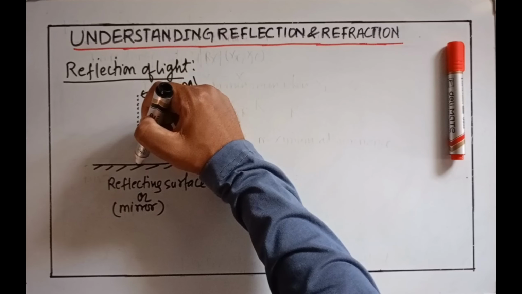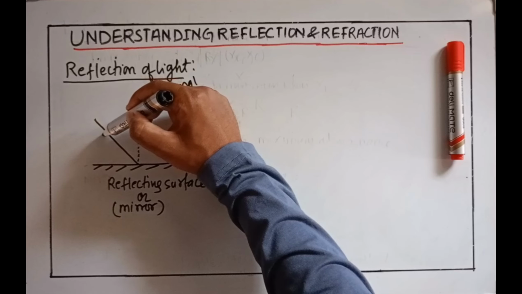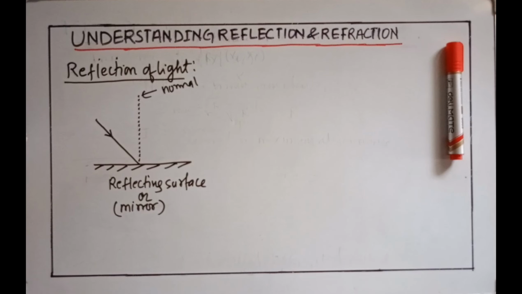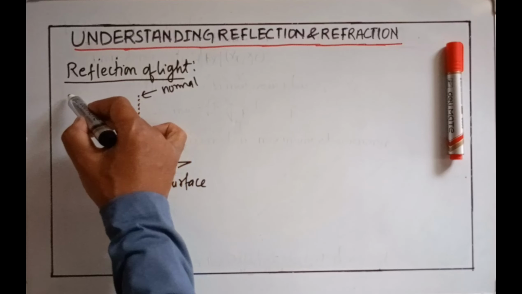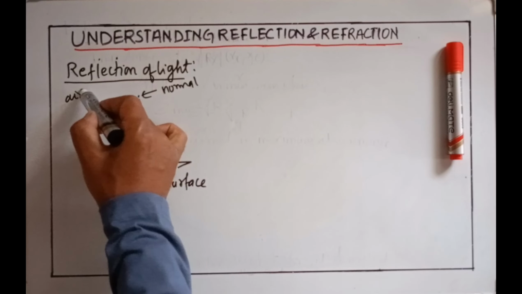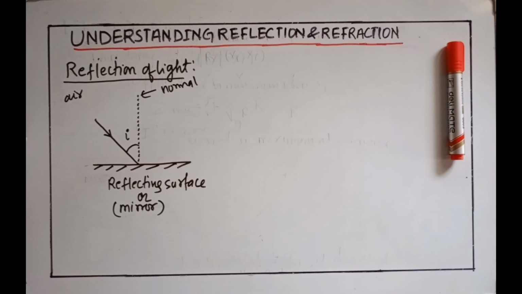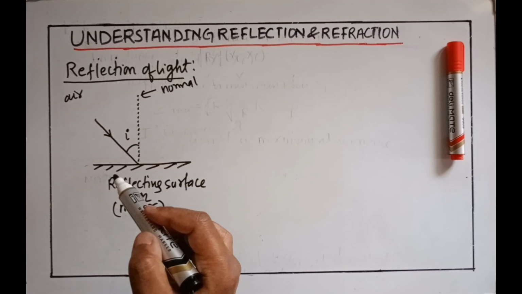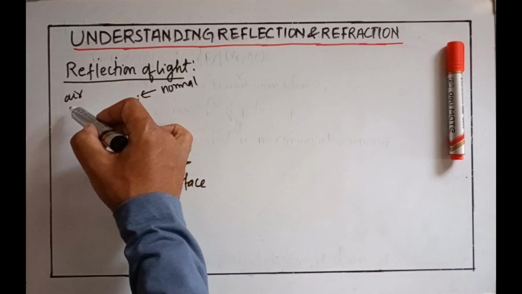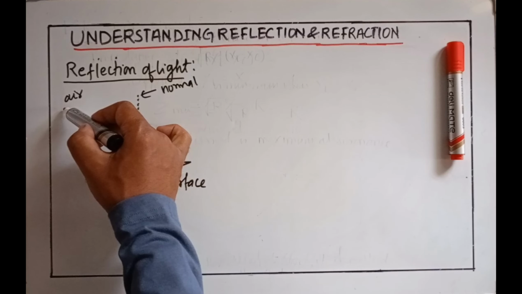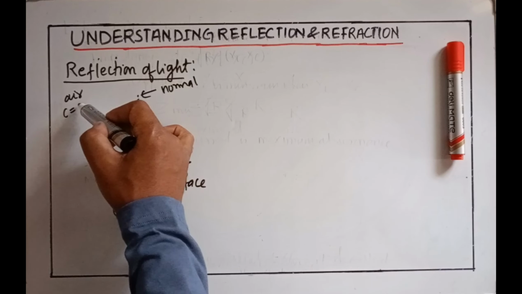Now let us consider the incident ray. So this is the incident ray, and let the angle of incidence be I. Let us consider the incident ray moving in air. We know the speed of light in air or vacuum is c, and c equals 3 times 10 power 8 meter per second.